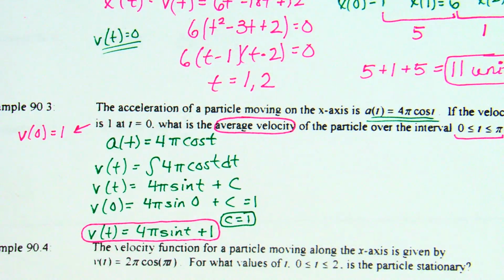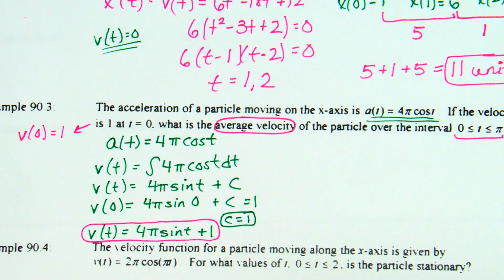What did we learn yesterday? Did we do something with average yesterday? I tried to give you the hint that when we see the word average, when you're asked to find an average value, we're using that formula from yesterday.